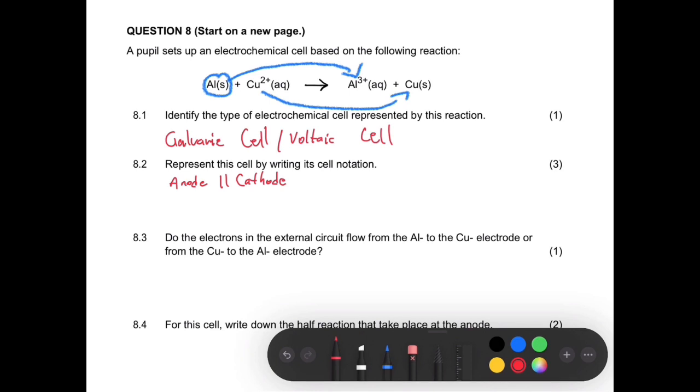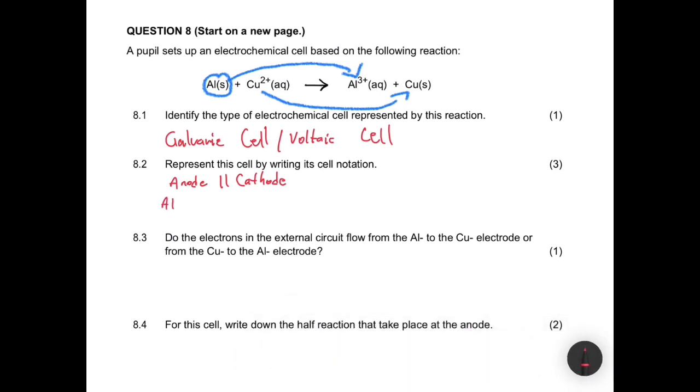So our standard cell notation will become aluminium, aluminium 3+, our salt bridge, and then the contents of the cathode, which is copper 2+ and copper.